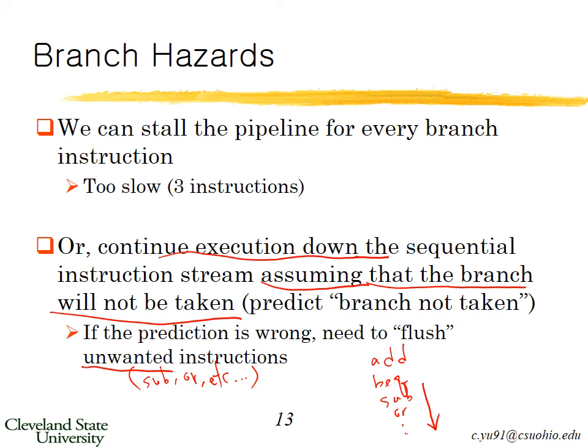If it turns out that the branch is not really taken, that's okay. Unfortunately, if the prediction is wrong and the branch is actually taken, then the subtract instruction and OR instruction, which you already began executing, have to be flushed out of the pipeline. So we kick those unwanted instructions out of the pipeline architecture.